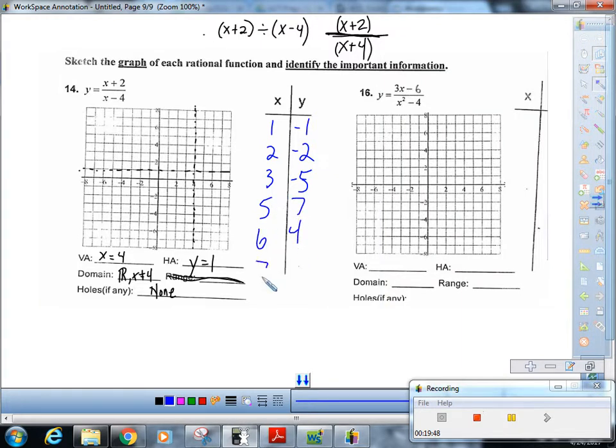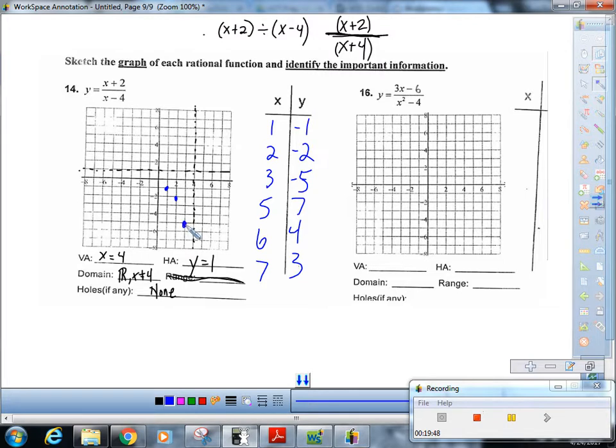I would say that I want 4, but 6 helps me more, and I'll show you that in just a second. 1, negative 1, 2, negative 2, 5, 3, negative 5.